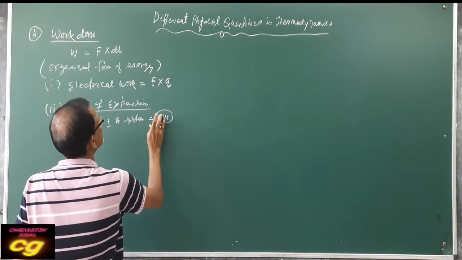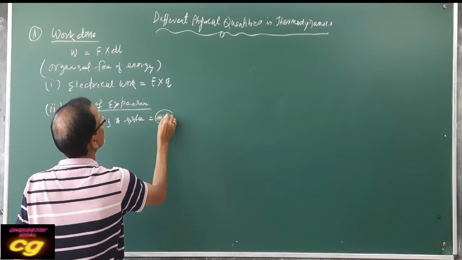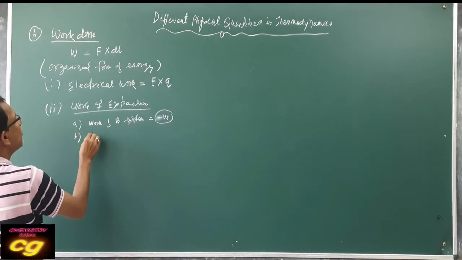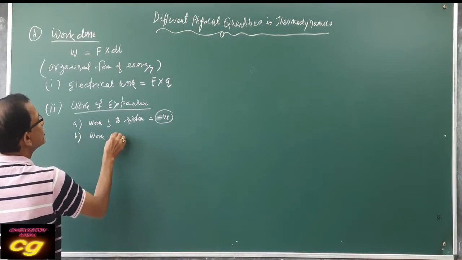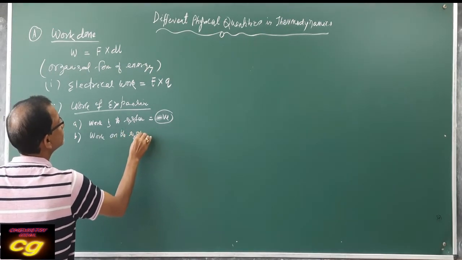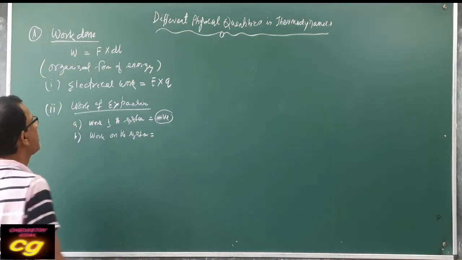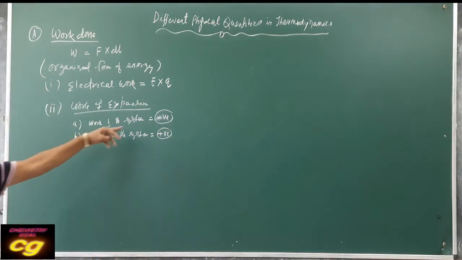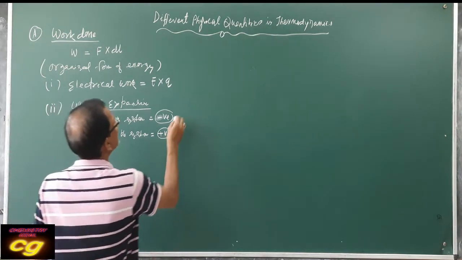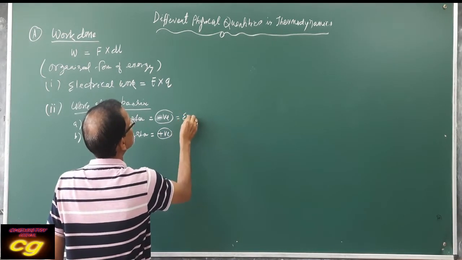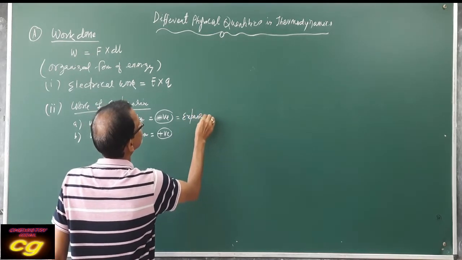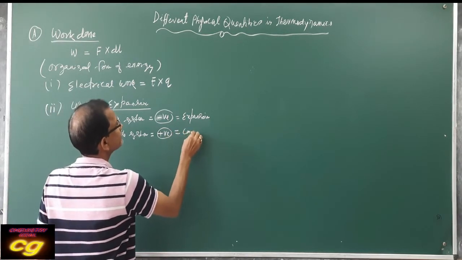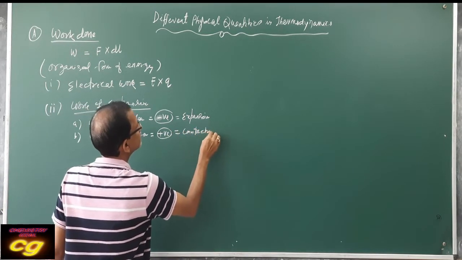Work done by the system is considered negative work done. Work on the system is positive work done. Work done by the system is also called expansion, and work on the system is called contraction.